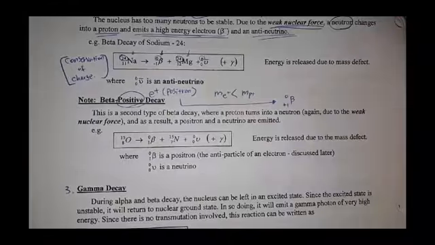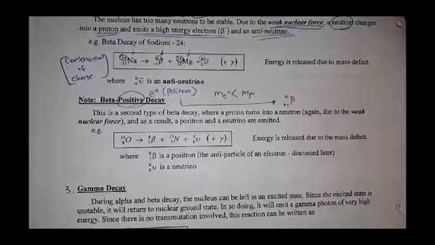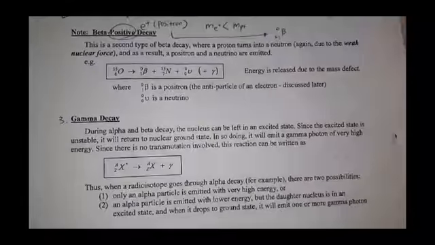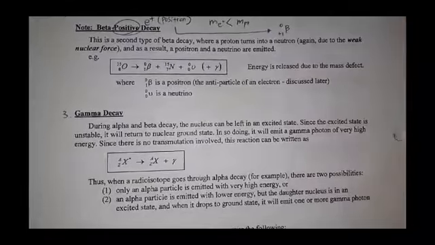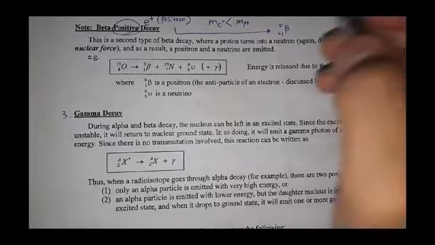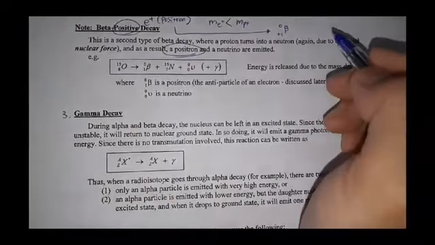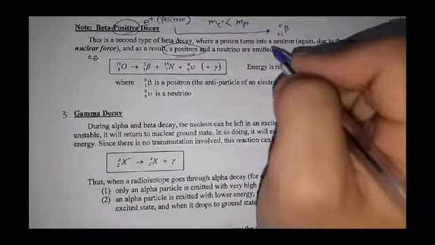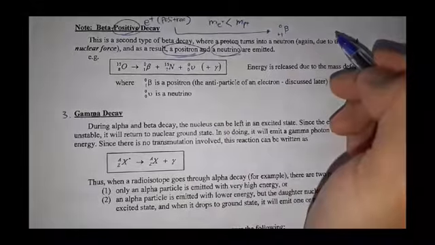On the other hand, there is a concept known as neutrino, and that part will come out in beta positive. Beta positive is like what you saw in the previous one. Due to the weak nuclear force, a proton turns into a neutron, and emits a positive entity, an electron counterpart, which is known as a positron, and a neutrino.